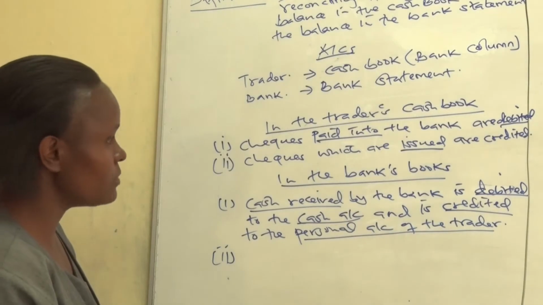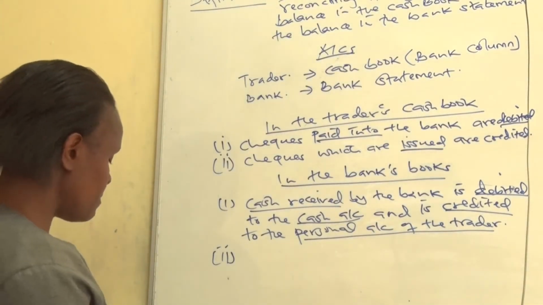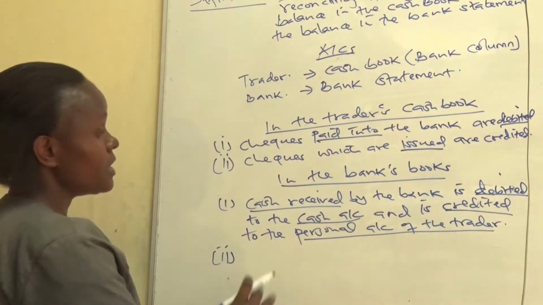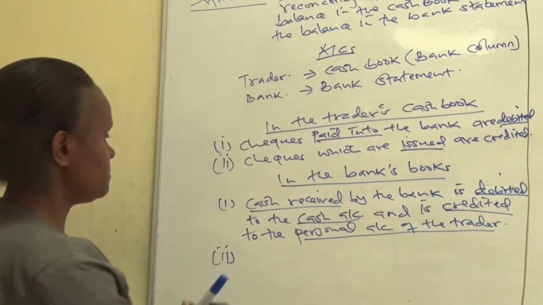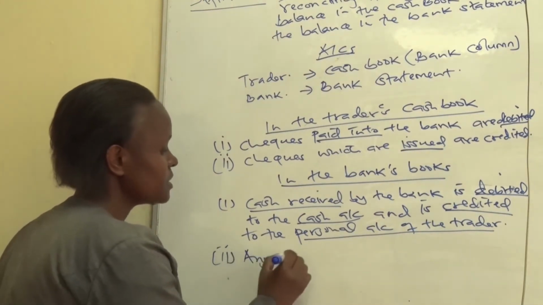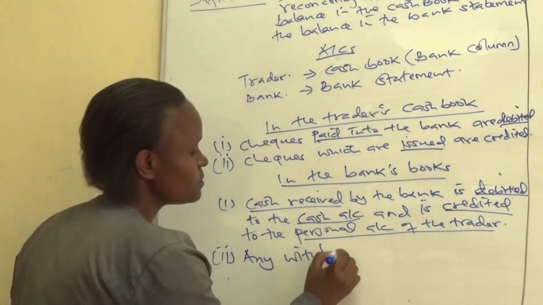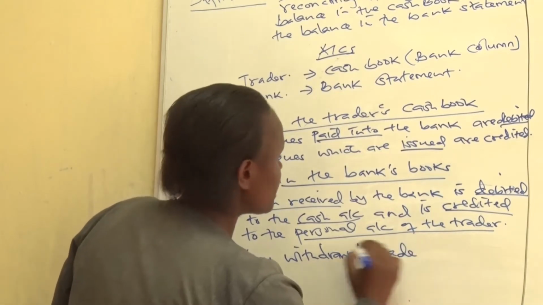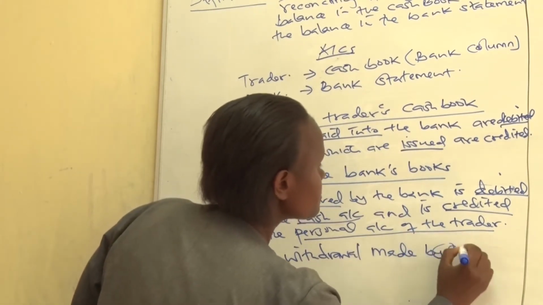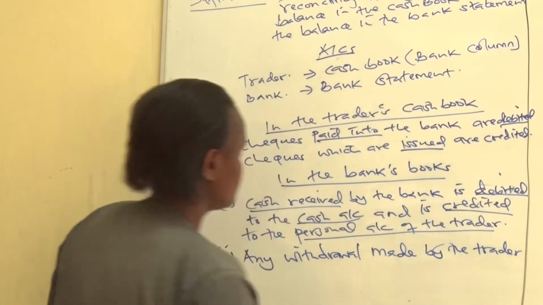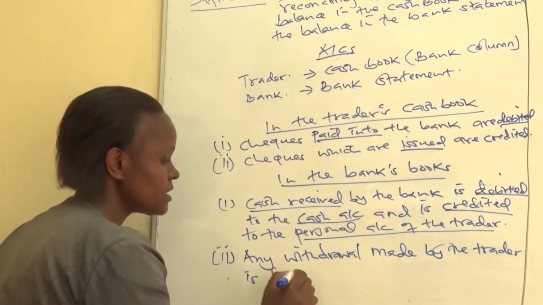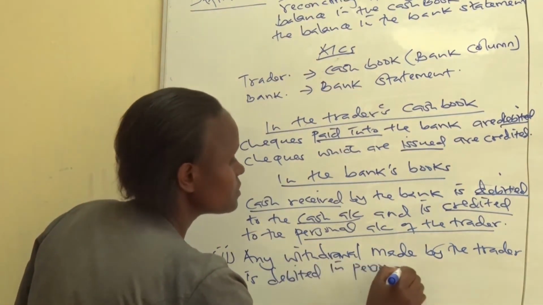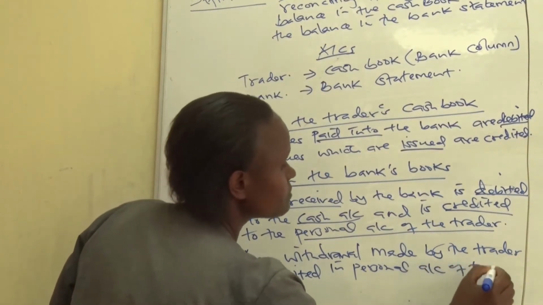Another transaction made by the bank, according to the books of the bank, is if you withdraw any money. Any withdrawal made by the trader is debited in the personal account of the trader.